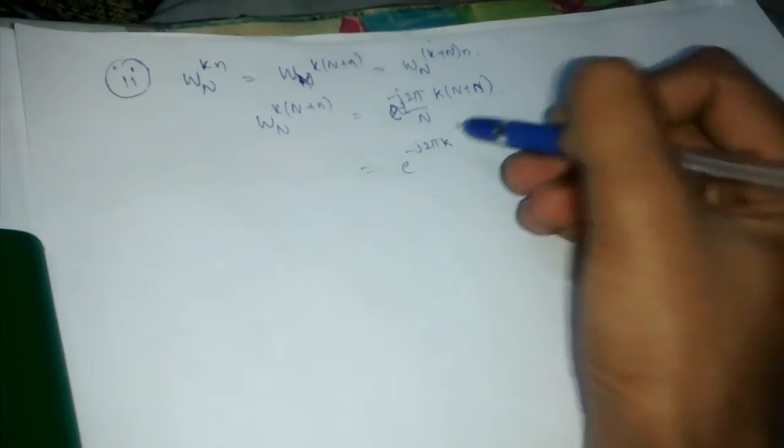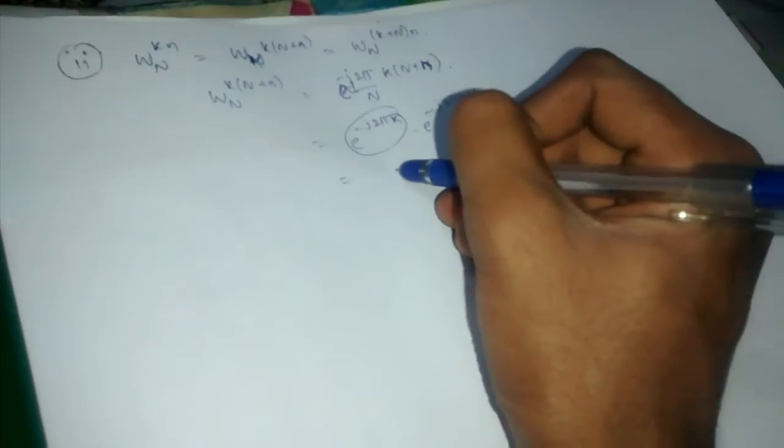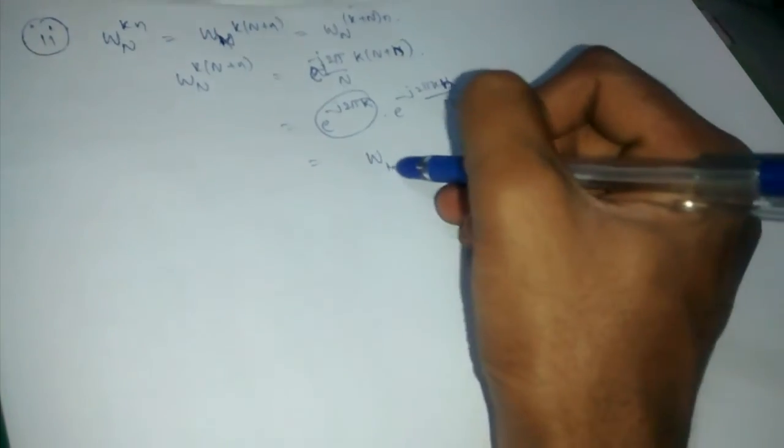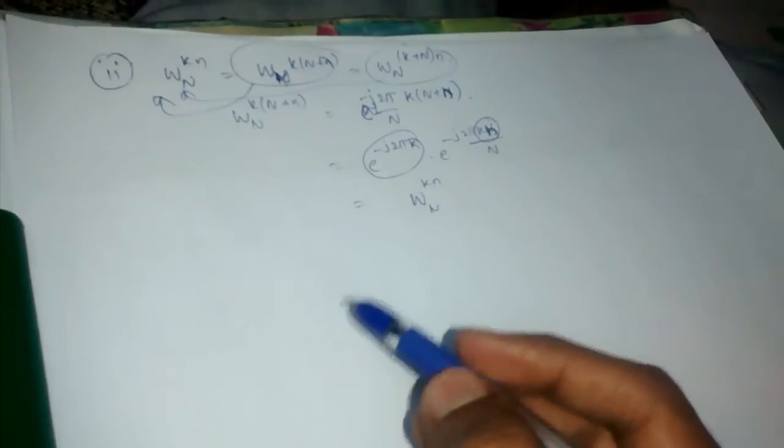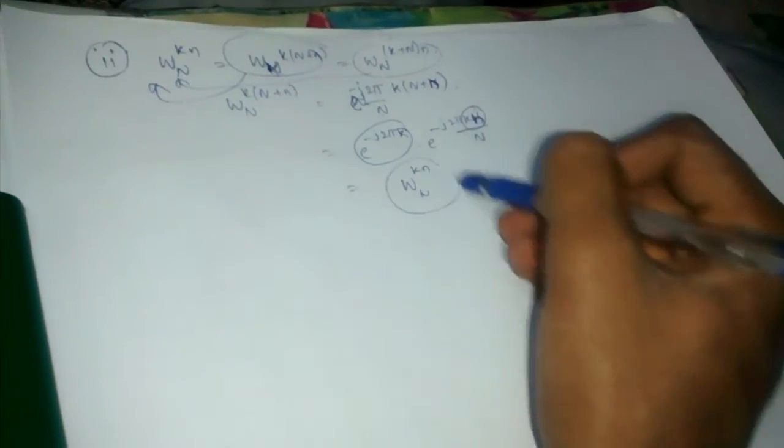This is e power minus j 2 pi k N by N, into e power minus j 2 pi k n by N. The first term is 1, so this gives me W_N of kn. So I took this and I have got this. In a similar fashion, if I take this, I'll get this. These are the two properties of the twiddle factor.